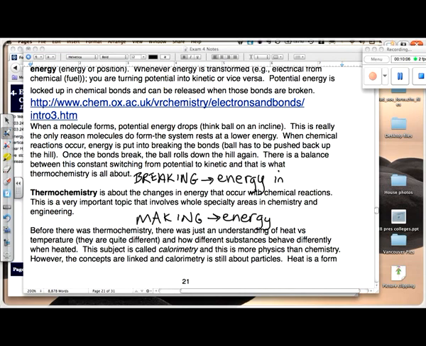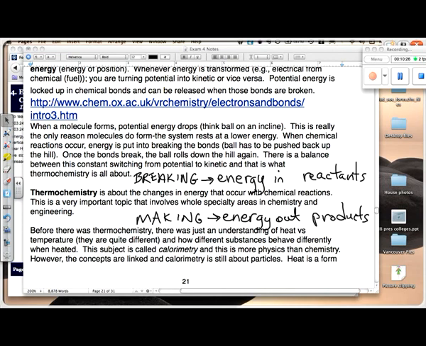So breaking bonds happens on the reactant side. Making bonds, energy out, happens on the product side. So you always have this energy in, energy out going on in chemical reactions.